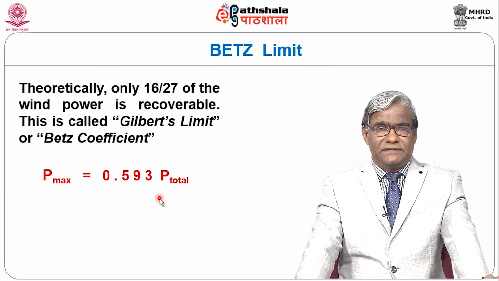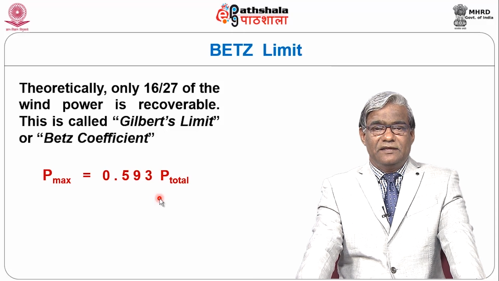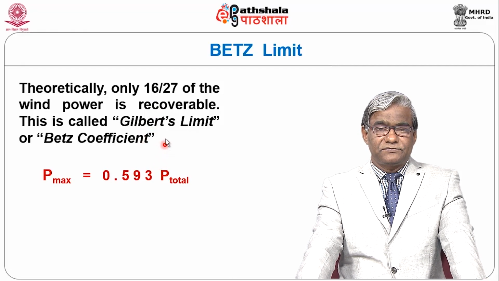The BETZ limit is an important terminology in wind energy systems. Theoretically, only 16 out of 27 of the wind power is recoverable. This is called Gilbert's limit or BETZ coefficient. This is the theoretical limit, and P max is equal to 0.593 of P total.